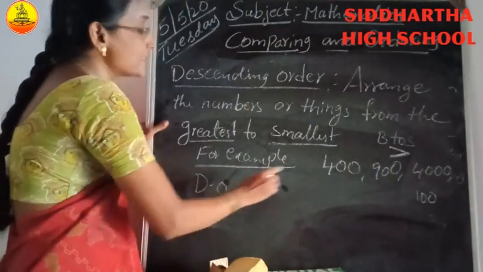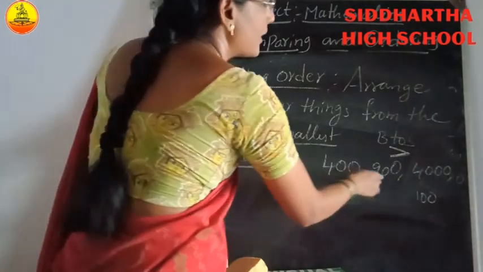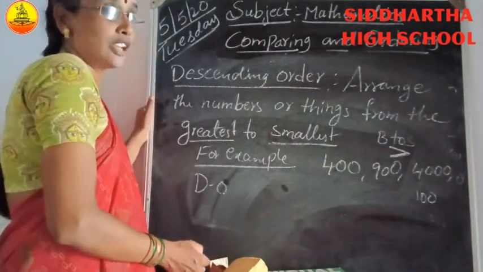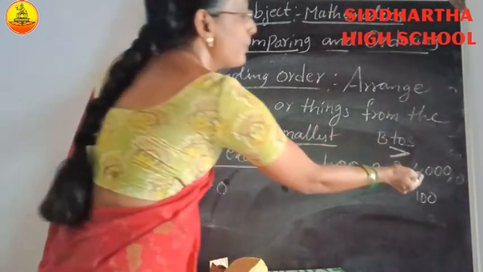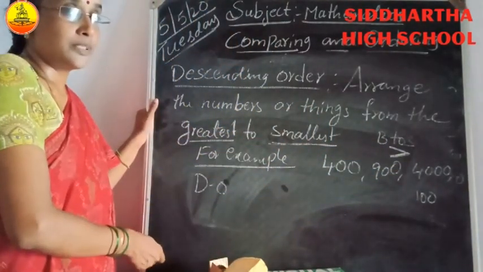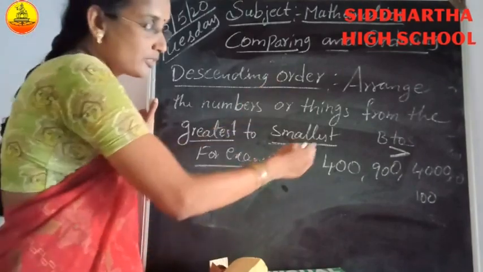Now how can you write these numbers in the descending order? 400, 900, 4000, 100. In these numbers, which is the biggest? 4000. Why? Because the remaining numbers have 3 digits only, but 4000 has 4 digits.